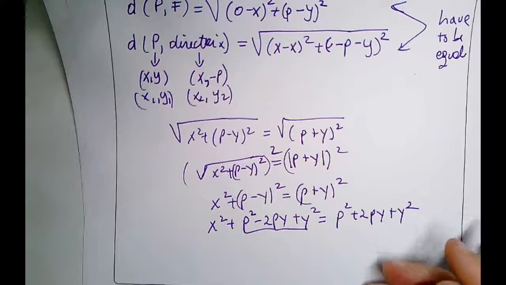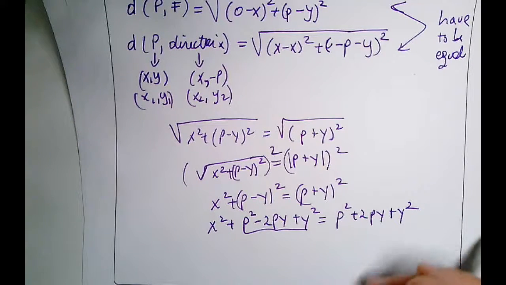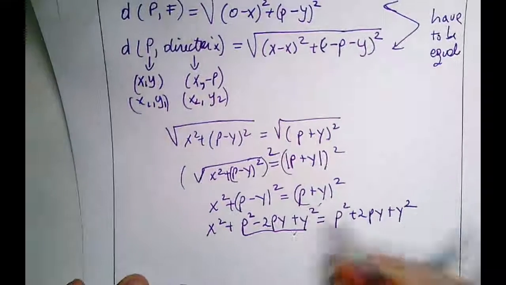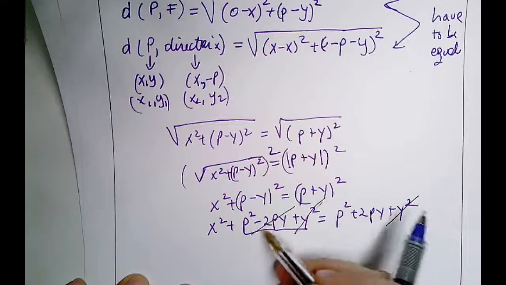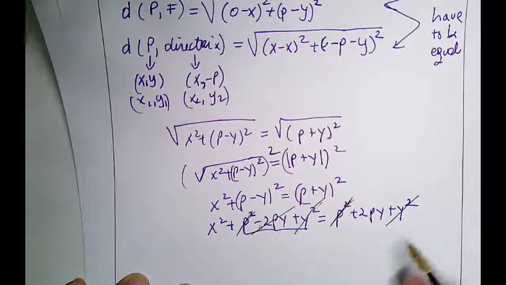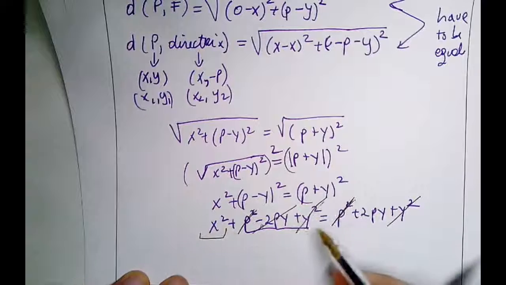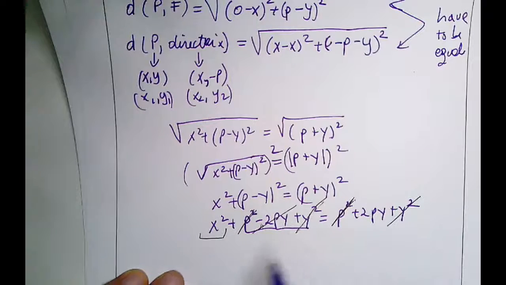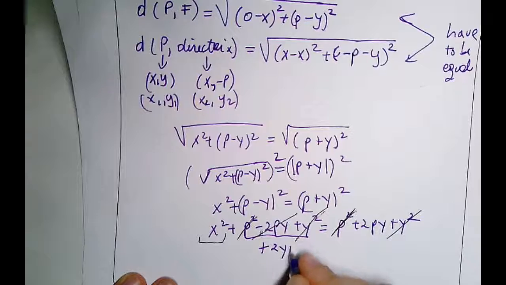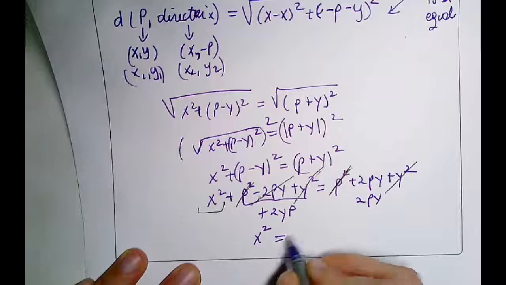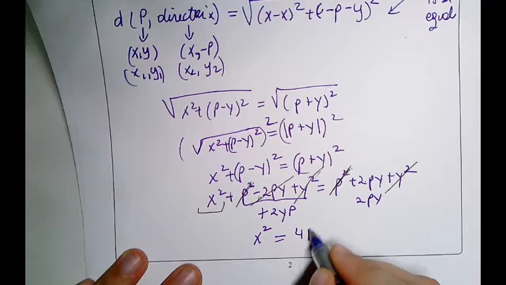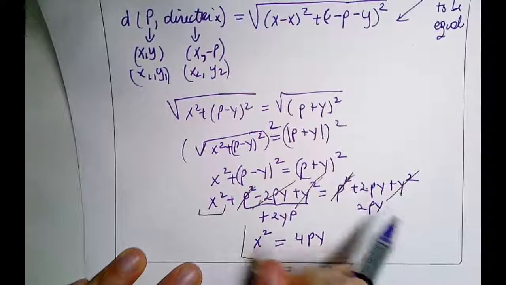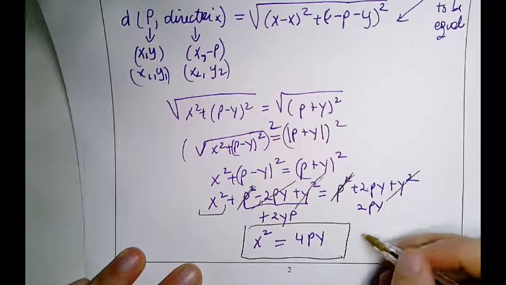Notice that the y squared here cancels with this y squared, and the p squared cancels with this p squared. So all I have left is x squared equals, I'm going to add 2py to both sides, so x squared on the left-hand side equals 2py plus another 2py, so 4py. So this is the formula for a parabola.